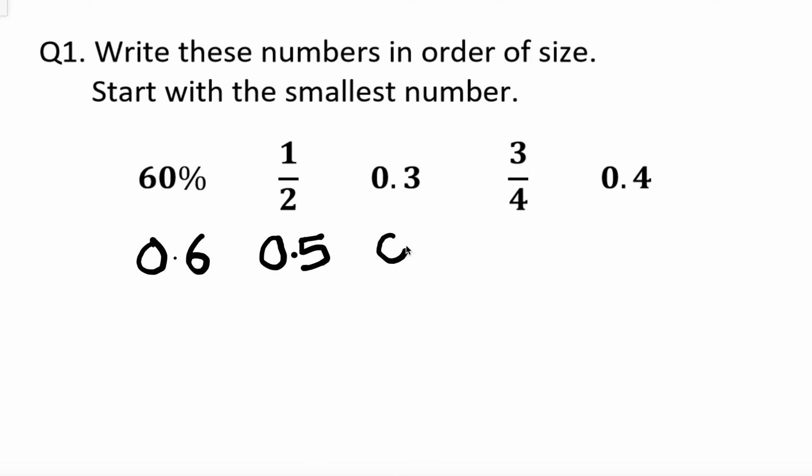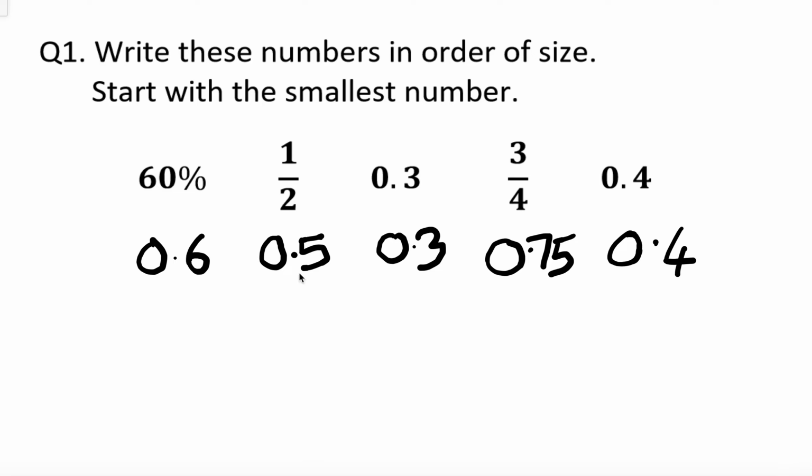And we already have 0.3, so we haven't got to do anything with that. 3 quarters is basically the same as 75%, which if you divide 3 by 4, you'll end up with 0.75. The last one is 0.4, already there for us. So now we just got to get them in order.